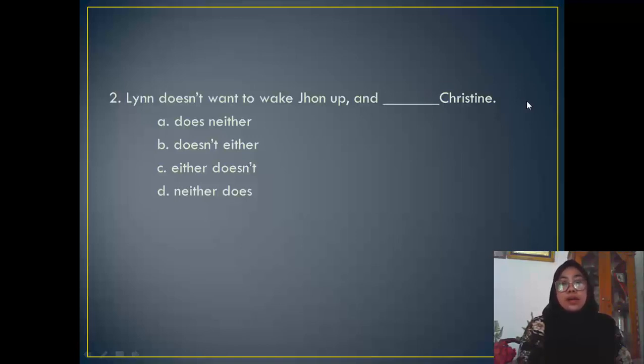So the answer must use neither. Yeah, D, of course. Why? Because when using neither, you must put neither, then the auxiliary, and after the auxiliary the subject. So the answer for the second question is D, neither does Christine.